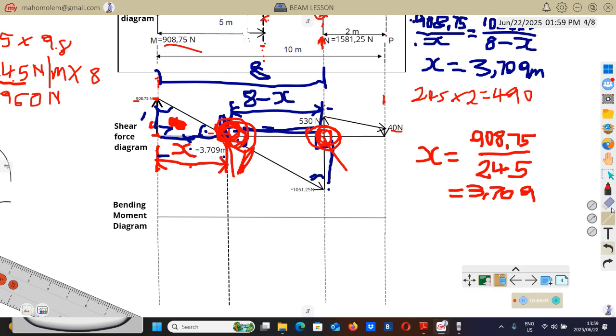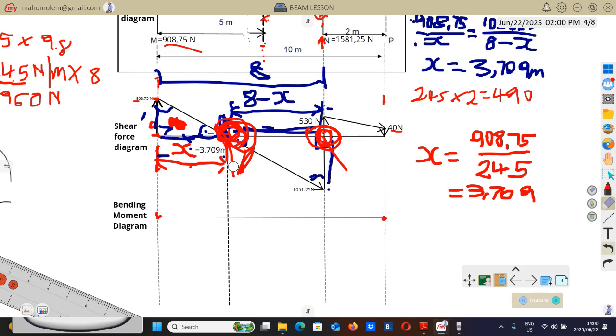Now remember we said that the bending moment at the beginning is 0. Bending moment at this point as well, at the end, is 0. Now you will go to the bending moment at point X. Bending moment at point X, we said, is positive 1685.